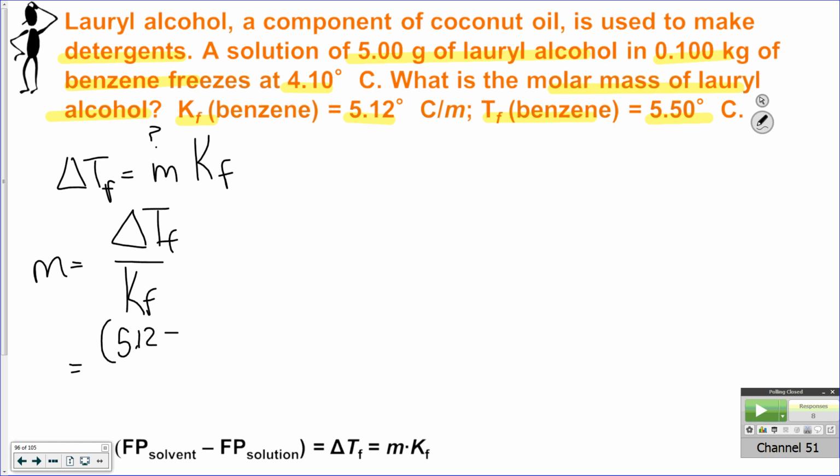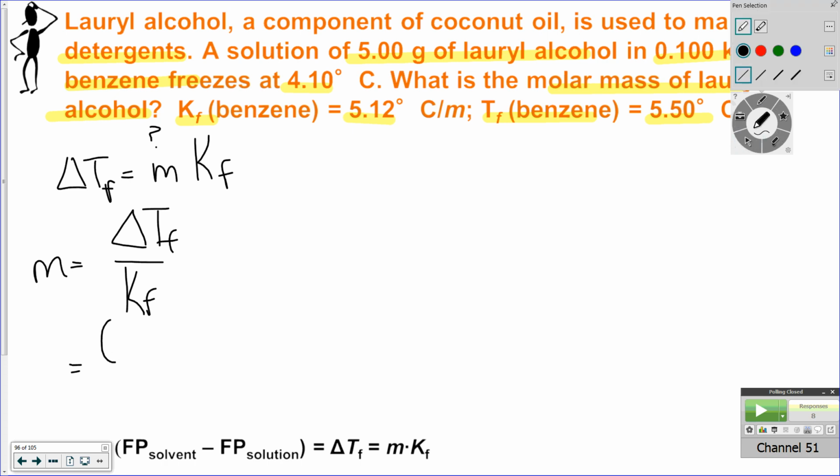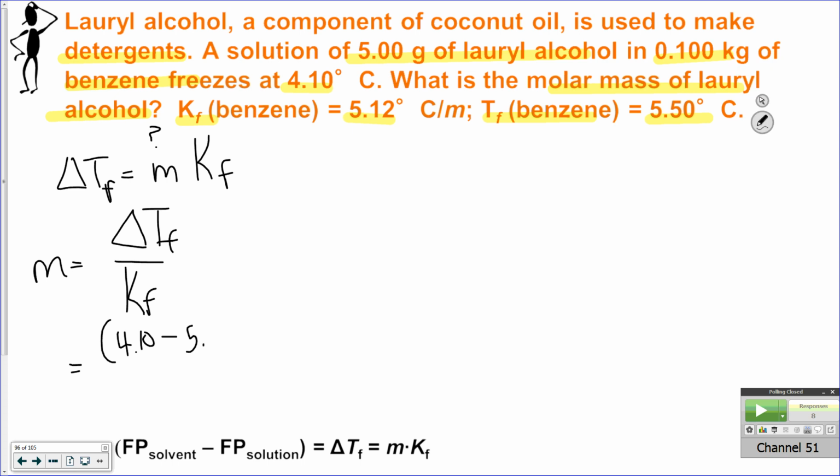So that's K sub F. It's the wrong one. Wrong value. The solution freezes at 4.1. The pure solvent benzene freezes at 5.5, and that's degrees Celsius. And then divided by the K sub F. K sub F is 5.12 degrees Celsius per molal.